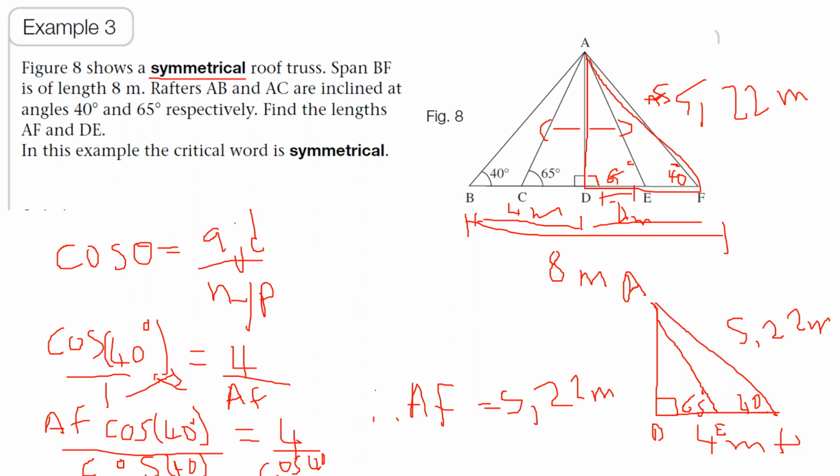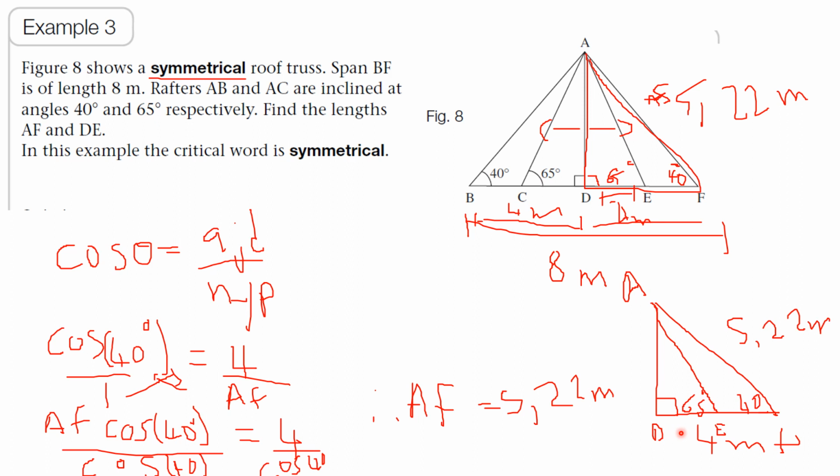The next question says we must find DE. So we have to find one side of this smaller triangle, AED, because you are looking for DE. If we have one side of this triangle and the angle is already there, we can find the length of DE.